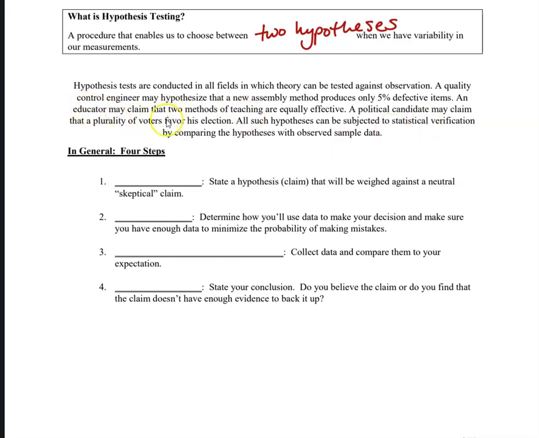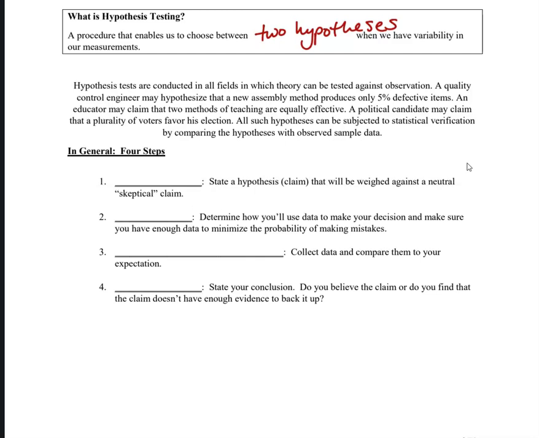In education, they may compare two methods of teaching. A political candidate may claim that a plurality of voters, over 50%, favor him in an election. In psychology, they might pull a sample and look at what percentage of the sample agreed with a certain statement, for example, and compare that to previous data where they did the same research to see if anything's changed.